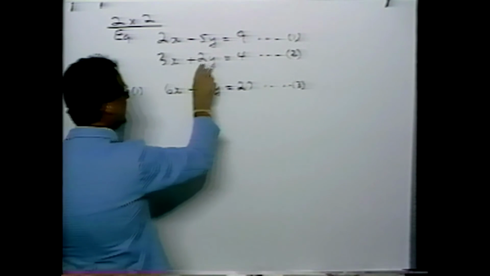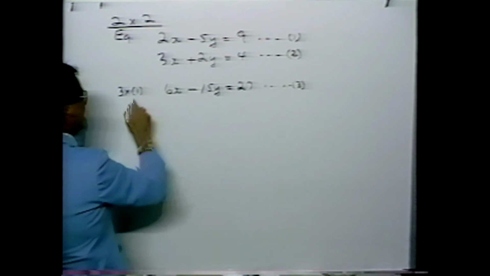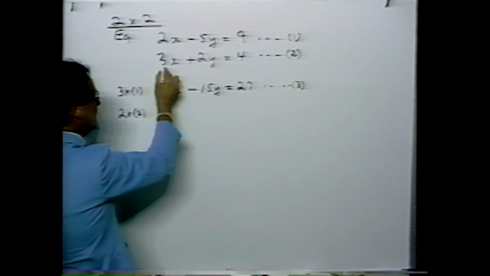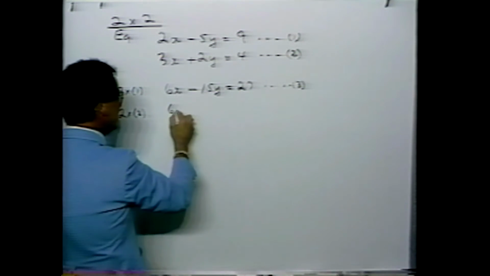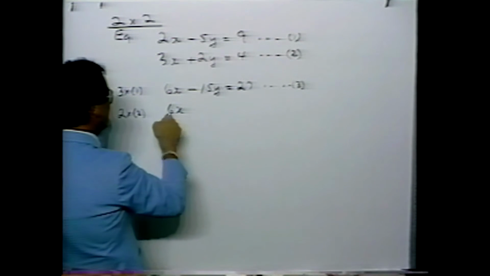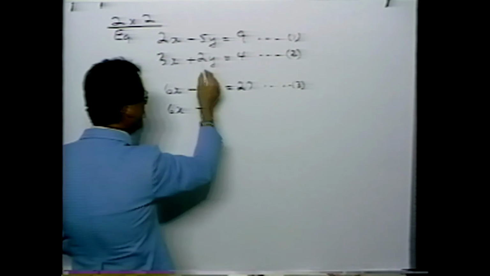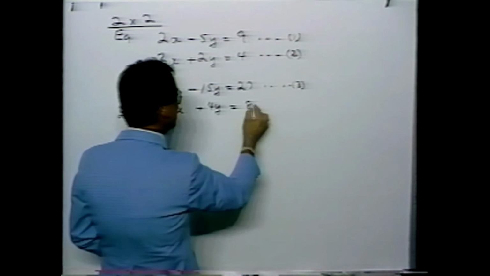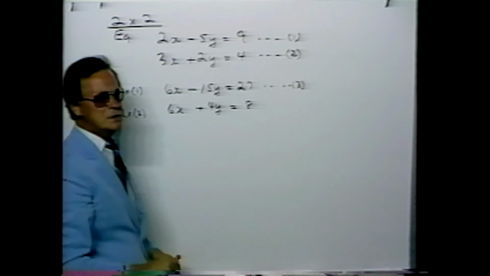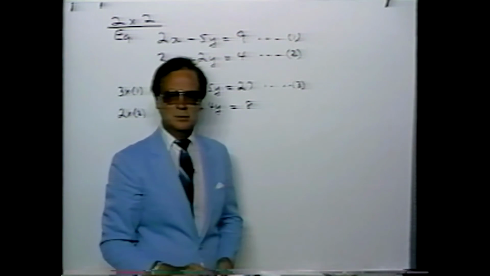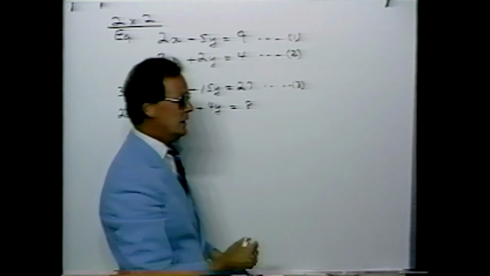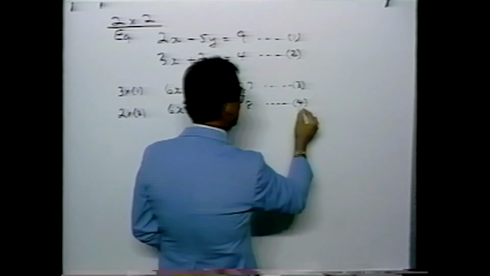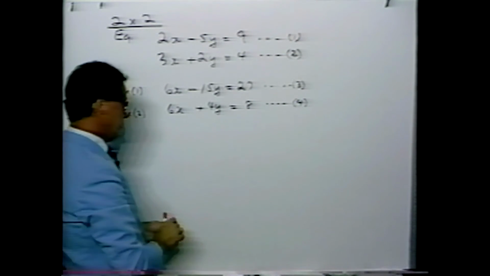If I take the second equation and multiply it by 2, I'll end up with the 6x that I was looking for, the plus 4y for this, and the 8 over here, remembering that whatever you multiply on one side of the equal sign, you must also multiply that same number on the right-hand side of the equal sign. And there I have equation number 4.